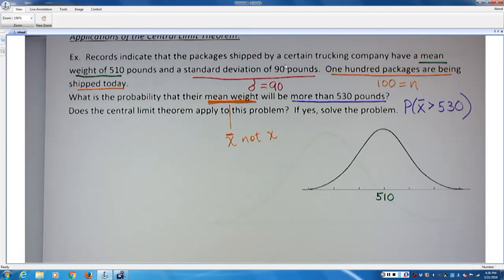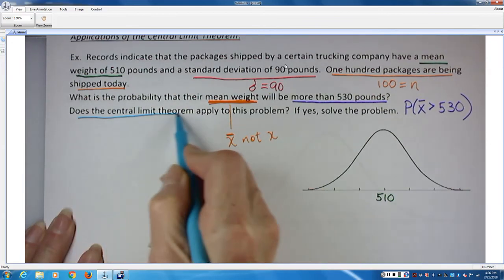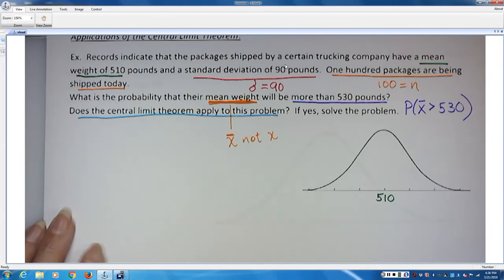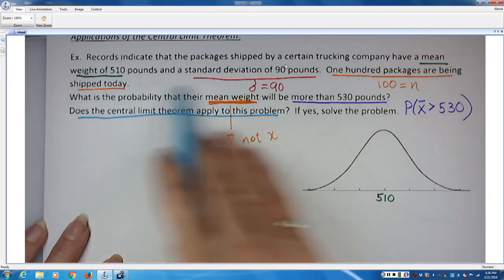The first thing you always ask, does the central limit theorem apply? Does it tell us they're normally distributed?